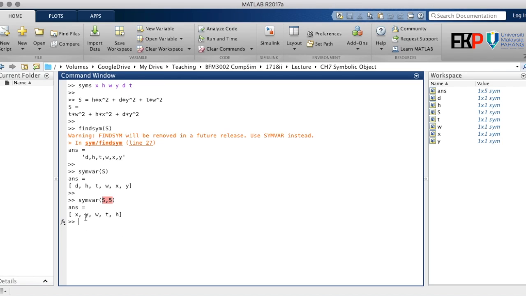So we have here x, y, w, t, and h. So d will be omitted from the answer because we only requested 5 symbolic objects. We can also use, for example, symvar of s comma 1. When we press enter, we get the default symbolic variable. So basically, x is the default symbolic variable in this expression s.